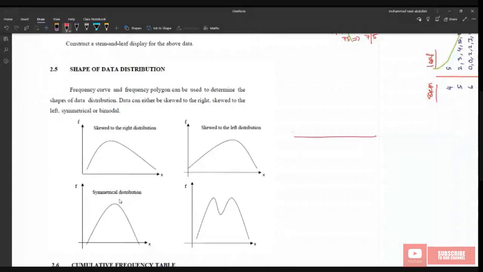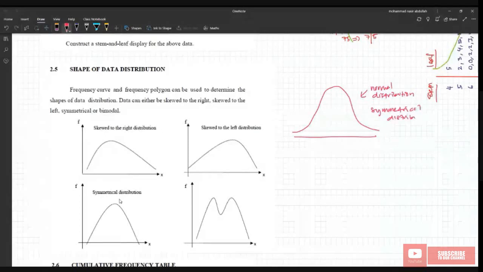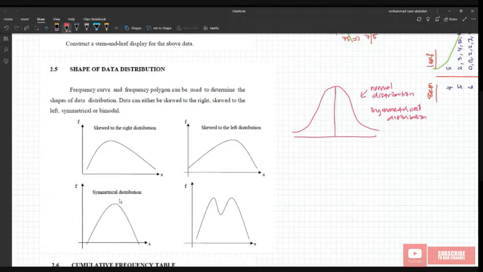So this is what we call a normal distribution or symmetrical distribution. The reason why we call it symmetrical or normal distribution is because we can split the distribution into two folds, right?